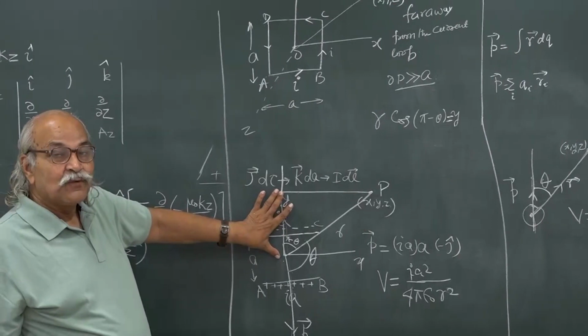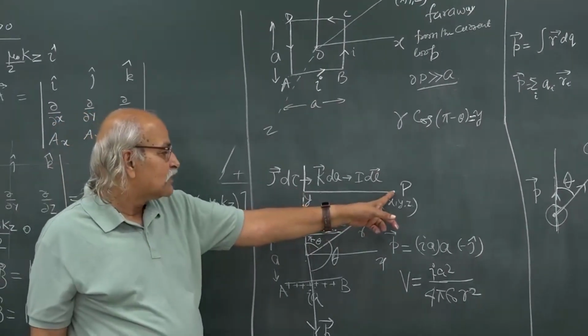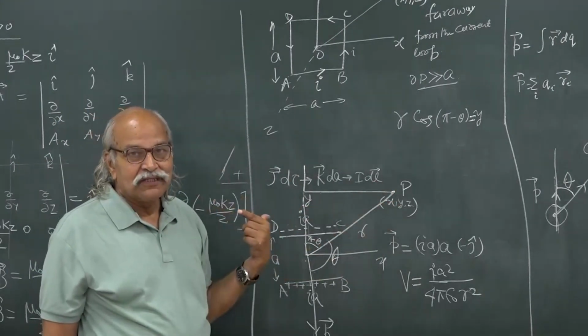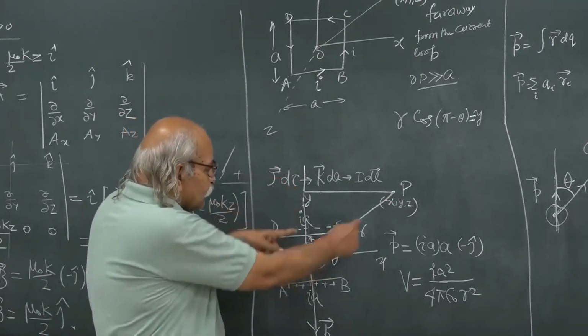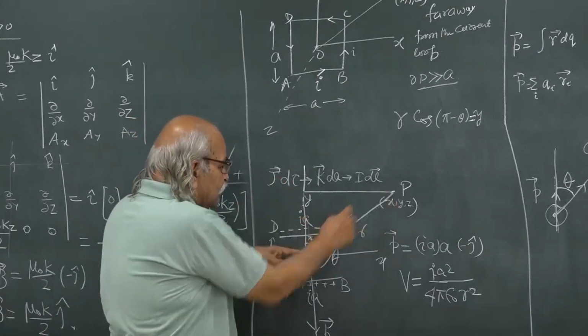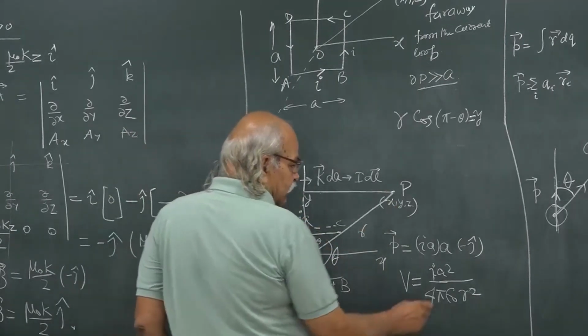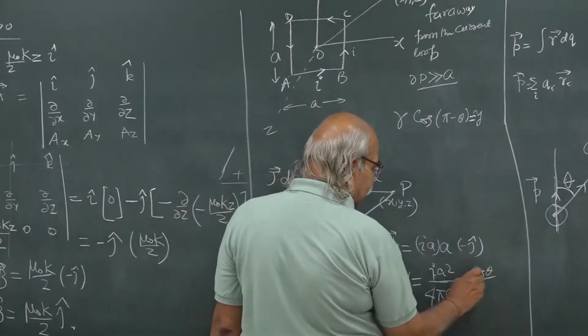X coordinate, y coordinate, z coordinate: for the x coordinate you drop a perpendicular on the x axis, for the z coordinate you drop a perpendicular on the z axis. So, this is y, and this y is r times cos of pi minus theta, and therefore, you have cos theta here, multiplied by r.